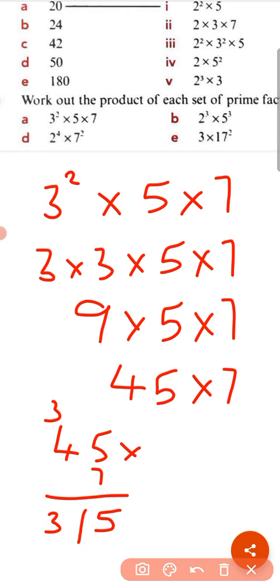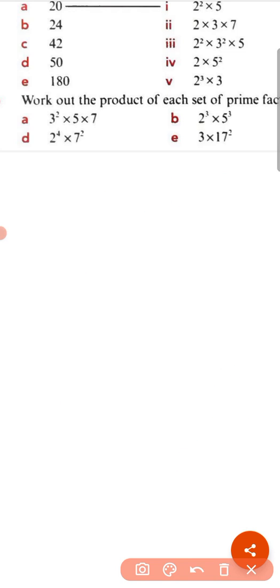So our answer is 315. 315 is our answer. Okay. Similarly, you can find 2 to the power of 3 into 5 to the power of 3, 2 to the power of 4 and 7 to the power of 2, 3 into 17 to the power of 2. Okay. You can find the product of each set of prime factors. Do it as a homework.